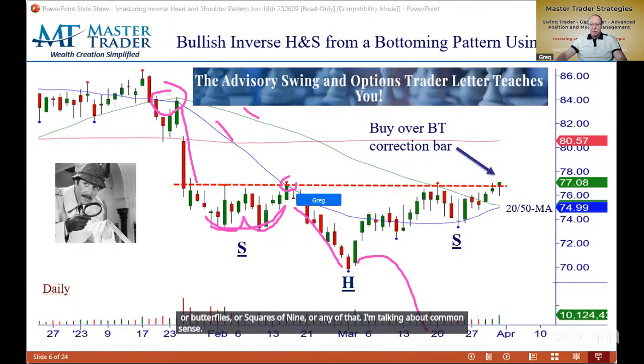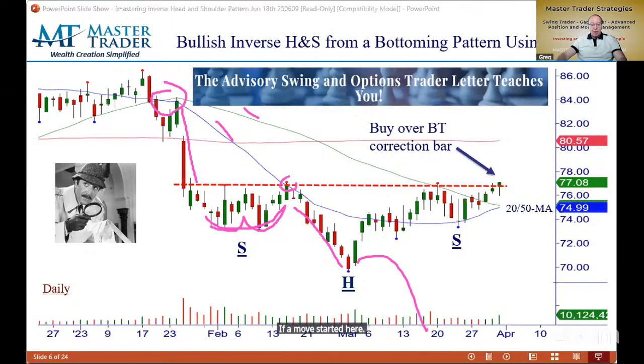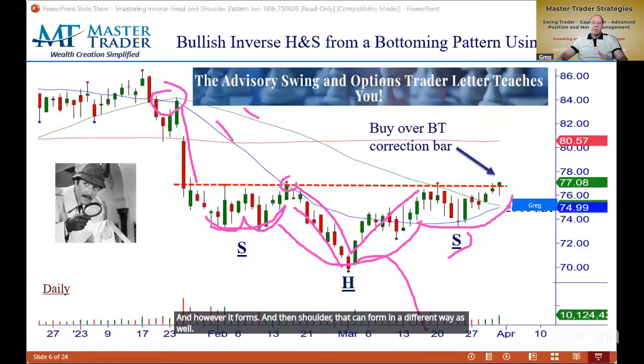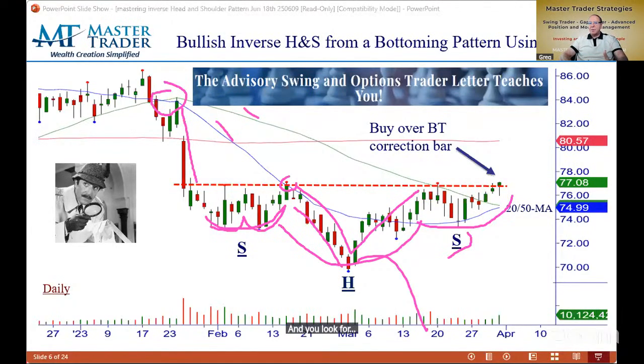If a move started here and it's all the way back up there, it showed some kind of strength. And so that's your head, however it forms. And then the shoulder can form in a different way as well. And you look for attributes like little breakdown failures, bottoming tail bars, red bars ignored, and so on.